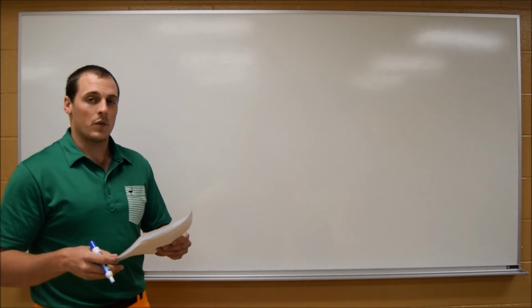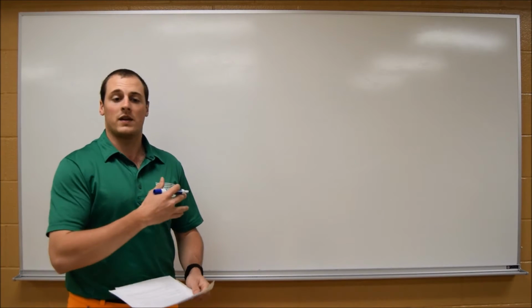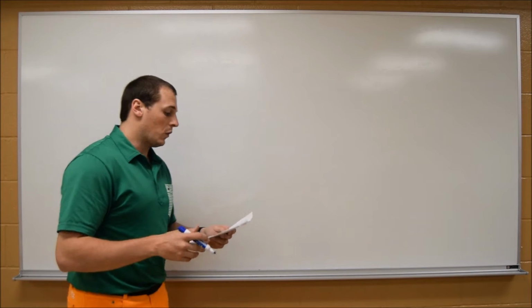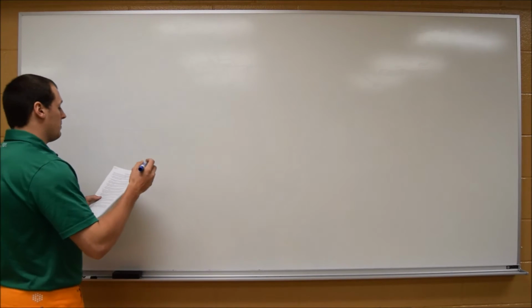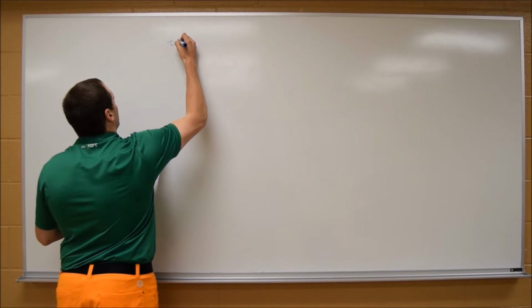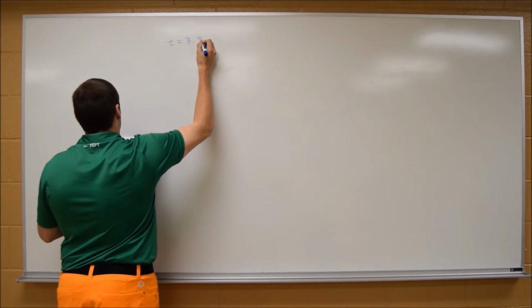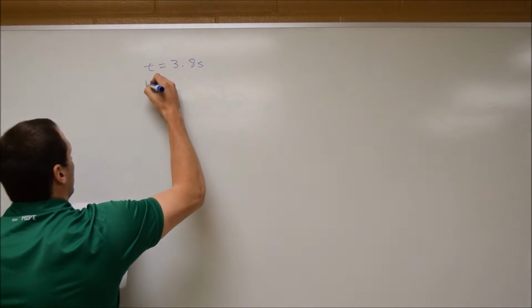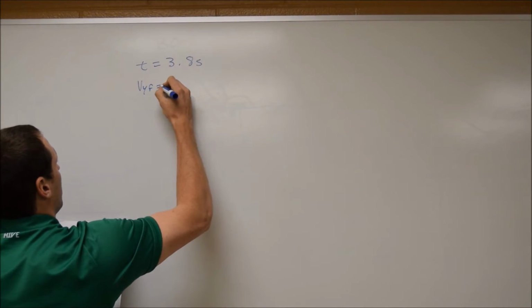So the first thing that we want to look at is the same thing that I was just speaking about a minute ago, about the from peak to landing. So we have a discus at 3.8 seconds to fall. So we have our time is equal to 3.8 seconds, and we need to find the Vy final.